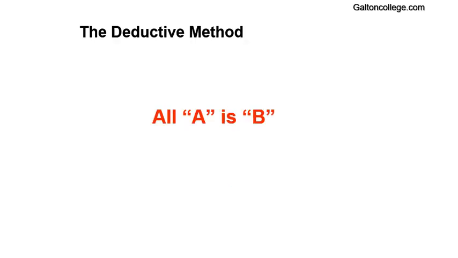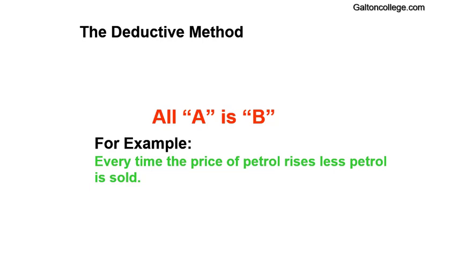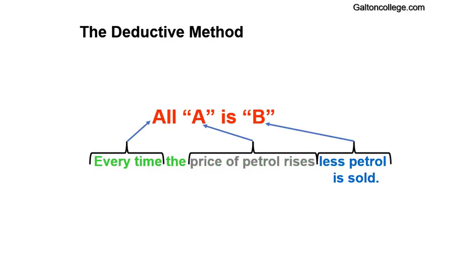Let's say we have all A is B. So we're told all A is B. For example, every time the petrol rises, less petrol is sold. All A, every time the price of petrol rises. B, less petrol is sold. Okay, so there it is. We have a quantifier at the start, all, every time.